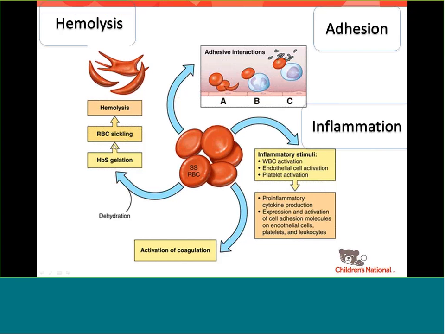A sickle cell red cell only lasts 20 to 30 days versus 90 to 120 days. That results in hemolysis. That also results in inflammation. White cells are activated. The endothelial lining is activated. You get platelet activation. You have inflammation and adhesion. So everything is involved here.